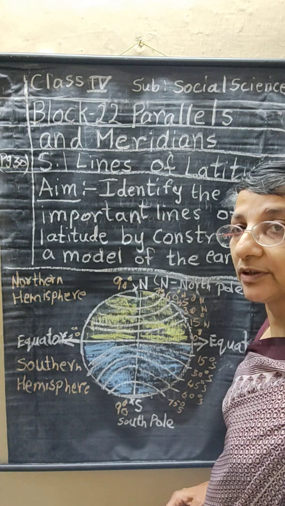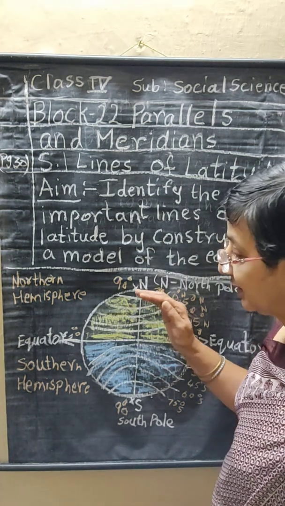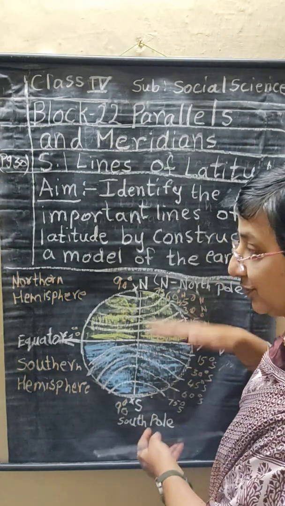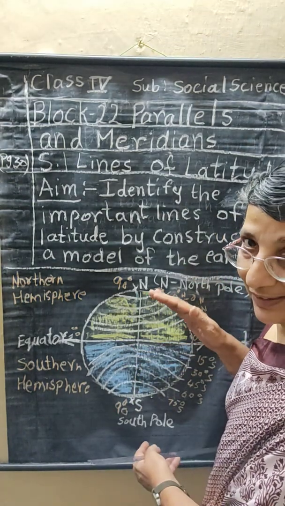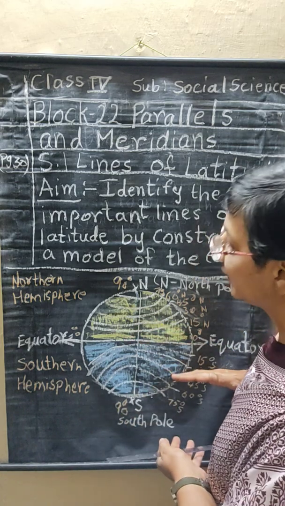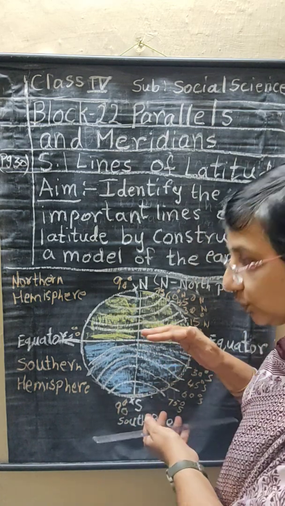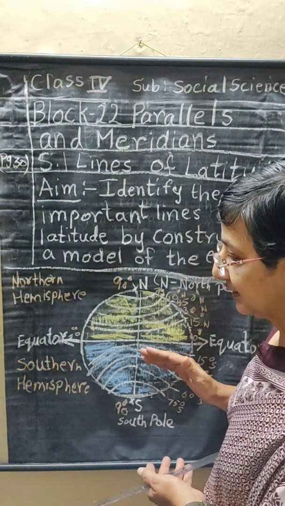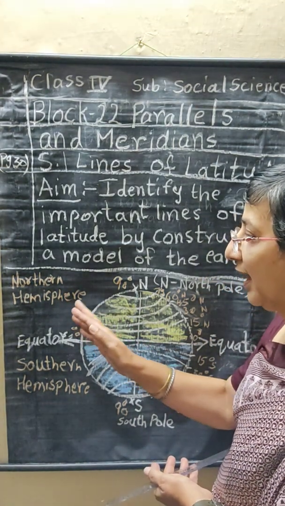What is a hemisphere now? It has been divided into 2 parts. Right? Divide means it won't be separated, it will be one only, but to identify, to know the lines, that is why it comes in the hemisphere.